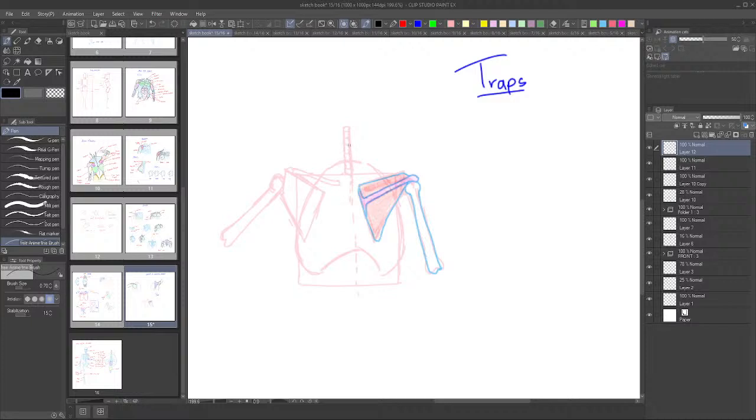So we have 3 parts of, yeah, it's a mouthful. So you have 3 parts of the trapezius, but we don't really need to know all their names. Just need to know they exist. All right.